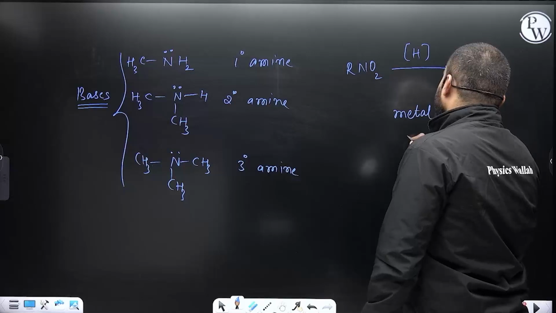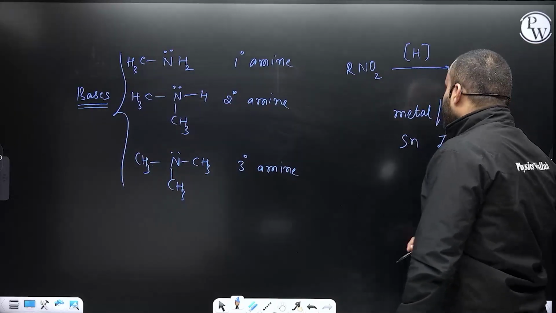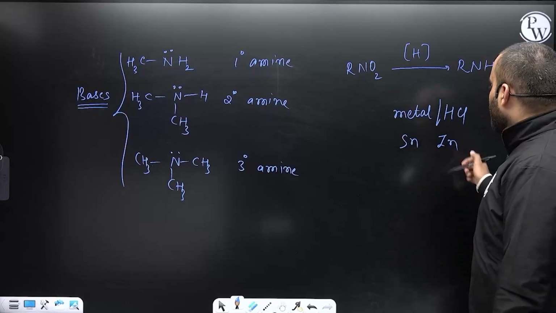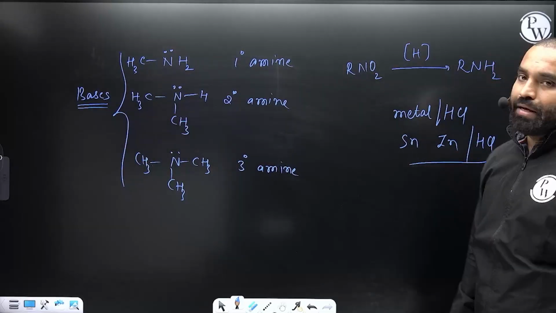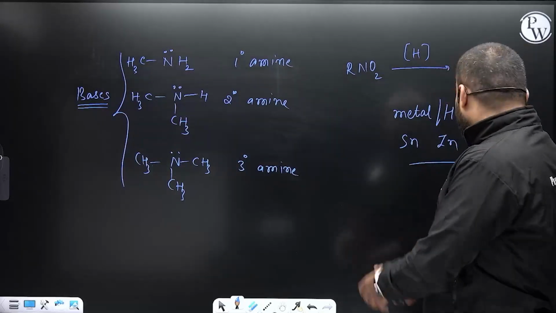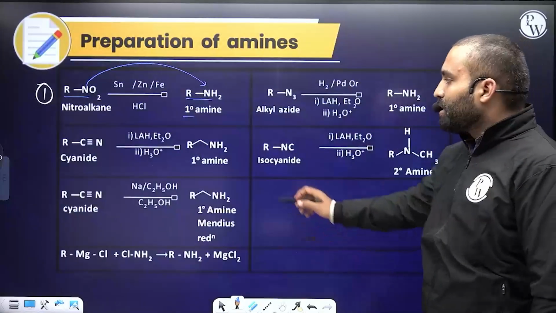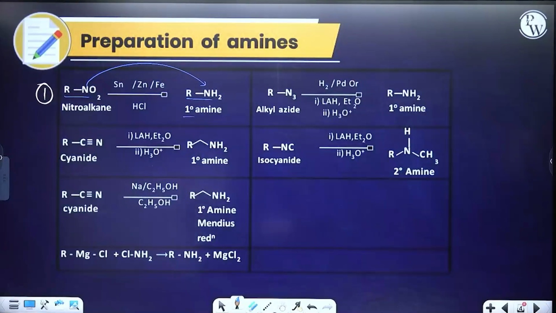We can take tin, we can take zinc. When you add tin or zinc in HCl, both of them are going to liberate nascent hydrogen, and that nascent hydrogen will be responsible for this reduction. Is reaction number 1 clear, everybody?